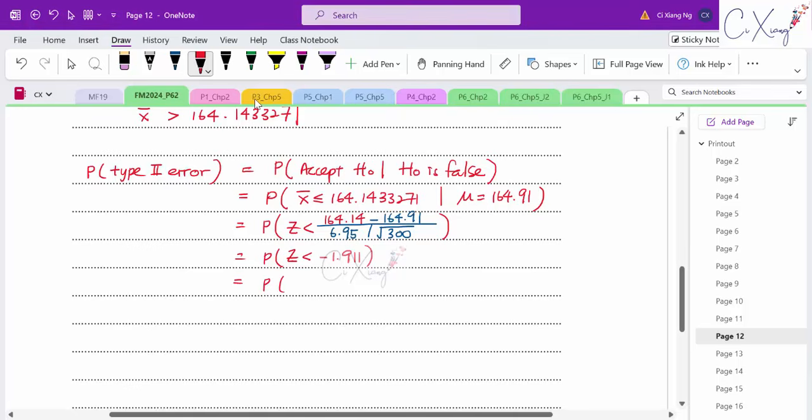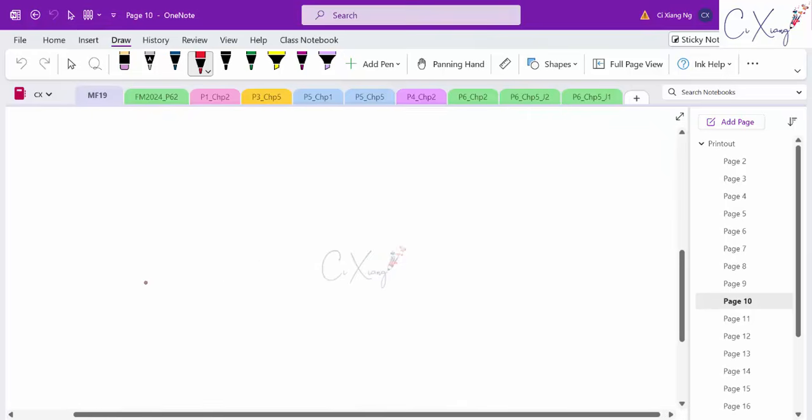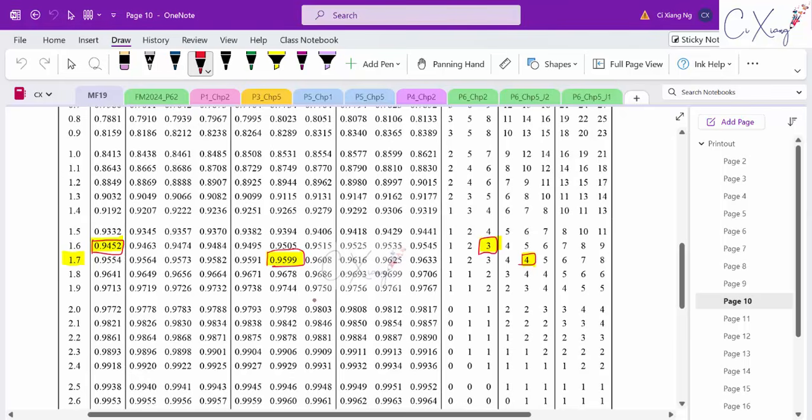This area is the same as Z greater than positive 1.911, so I take 1 minus the probability of Z smaller than 1.911. Looking at the table for 1.911, you have 0.972.